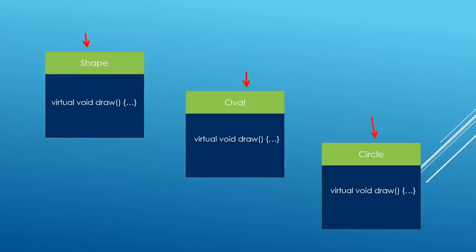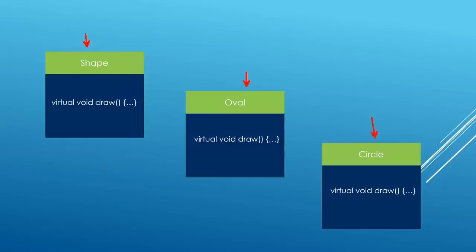And the problem we had was that if we happen to be managing oval or circle objects using shape pointers or shape references, we don't get the correct methods called if we call the draw method on our base pointer or base reference. And this was really bad, and this is something we want in practical C++ programs.